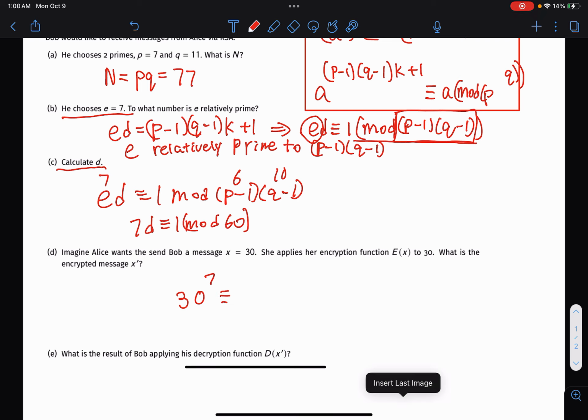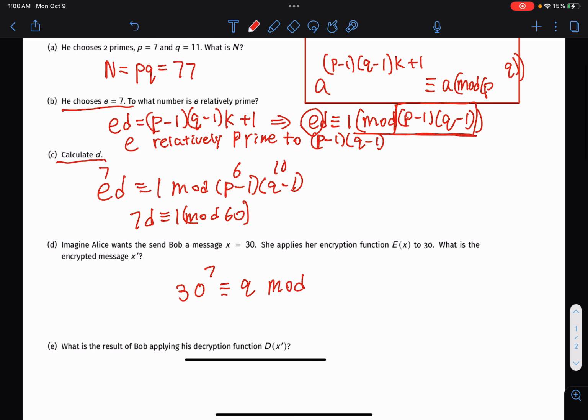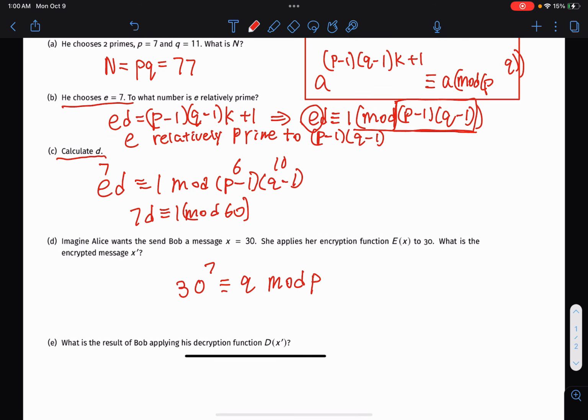So let's call this Q. Mod, and what should we mod it by? Remember that we need this to be mod PQ, our n. So this has to be mod PQ, okay?